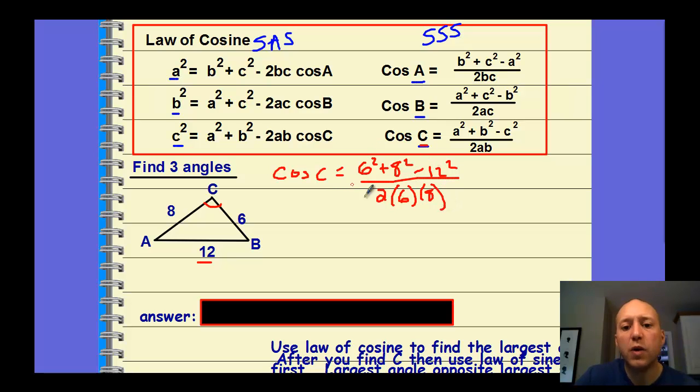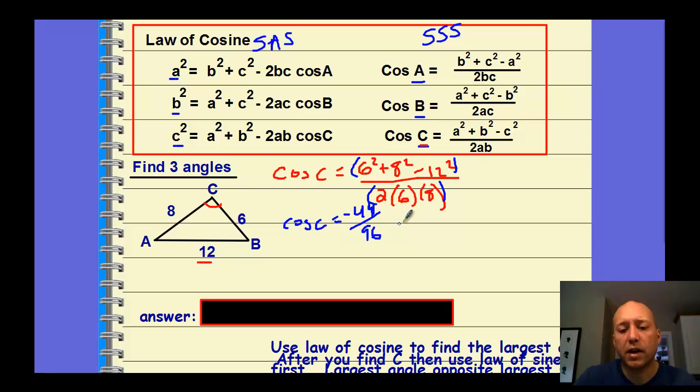You evaluate this fraction first. When you do that, make sure you find the entire numerator and the entire denominator. If we find that value, we get the cosine of C equals 44 over 96, and I think you get a negative value for that.